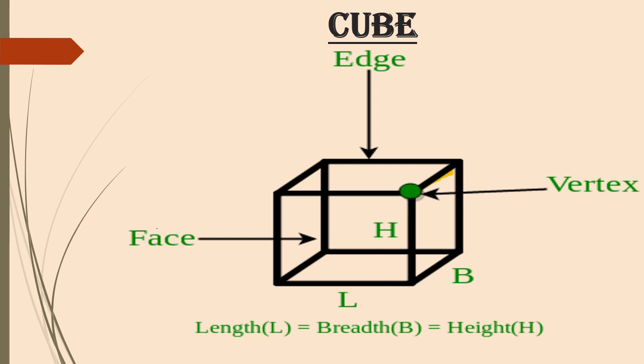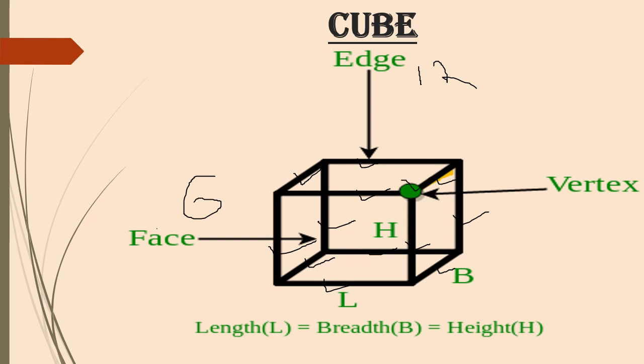Let me tick for you. This is one edge. This is second, third, fourth. Upside 4, downside 1, 2, 3, 4. 4, 4, 8, 9, 10, 11 and 12. So how many edges are there? 12 edges are there. 6 faces are there.